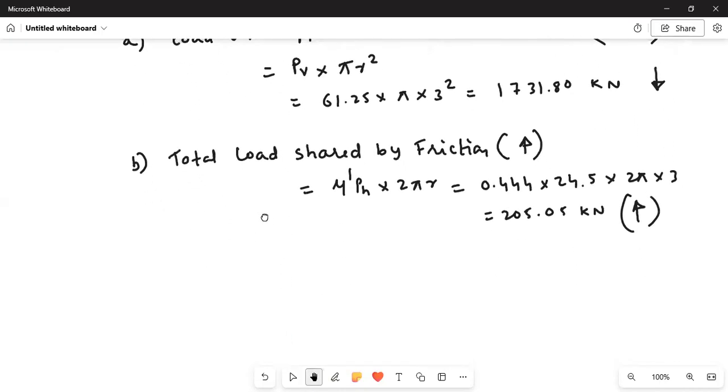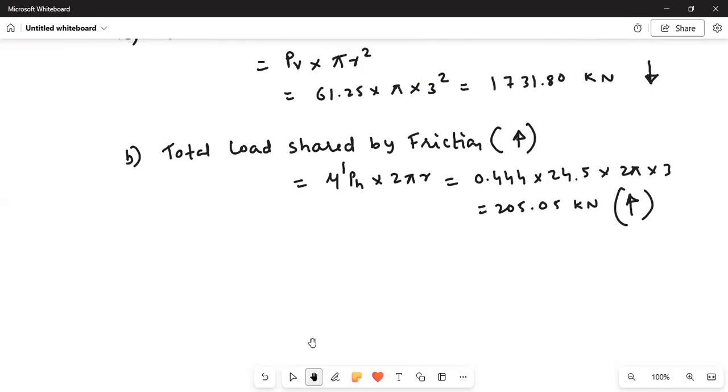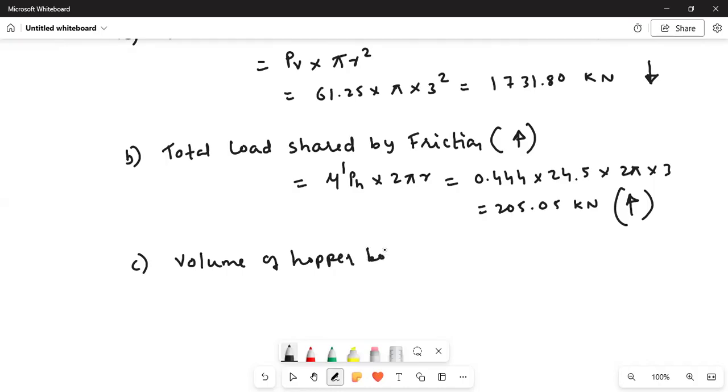Third, before that, we need to find the volume of the hopper bottom. This is just like a conical shape. At the top you have the circular opening, and at the bottom the opening diameter is 1 meter.